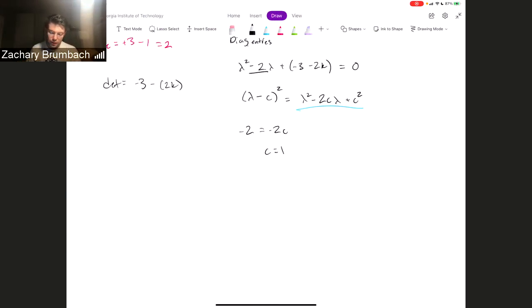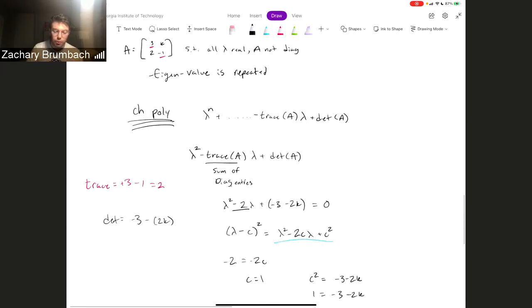So if c is equal to 1, that means c squared is equal to -3 minus 2k. So 1 is equal to -3 minus 2k. 4 equals -2k. k equals -2. Then you would put this back into the matrix, and you would see that you get a repeated eigenvalue.